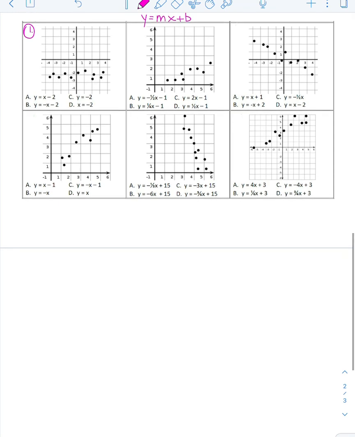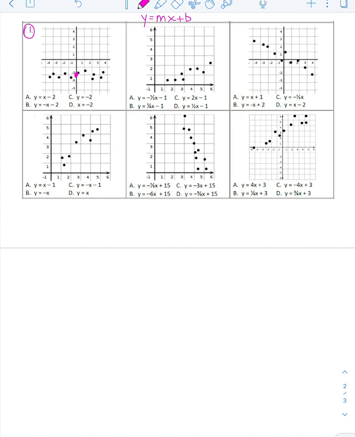That's what we're going to use for this entire assignment. I have y equals x minus 2, y equals negative x minus 2, y equals negative 2, and x equals negative 2. So the first thing I want to test is my b, which is my y-intercept.